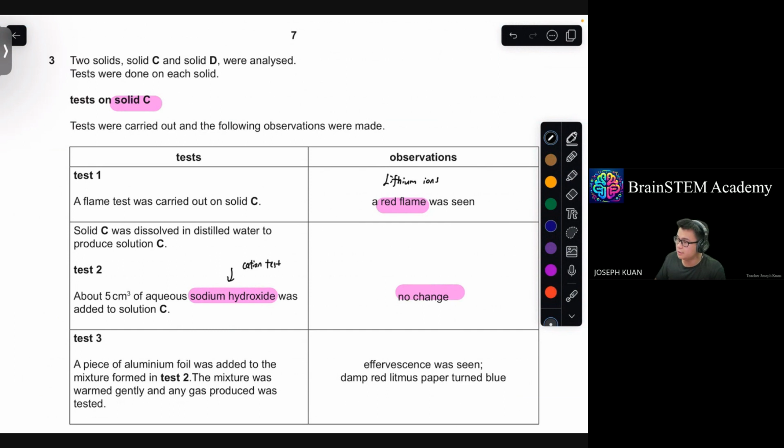Which means that it's none of the list that you remember from the cation test table. Let's move on to 3 anyway. A piece of aluminium foil was added to the mixture formed in test 2. The mixture was warmed gently and any gas produced was tested. Now, whenever you see aluminium, warm gently, and gas tested, if there's any gas produced, you should think of nitrate ions.